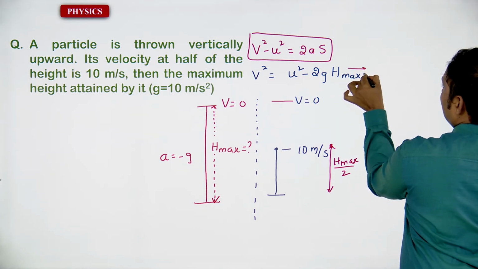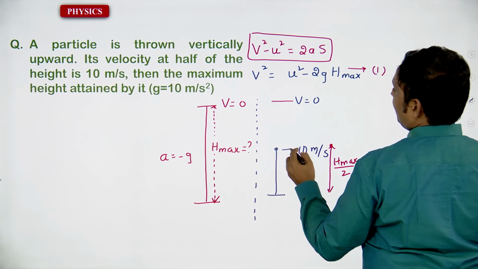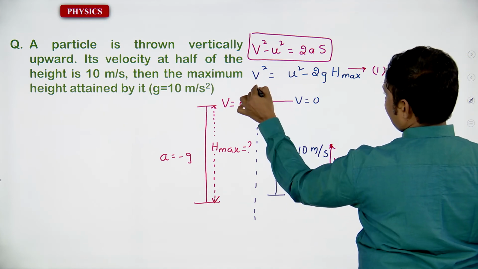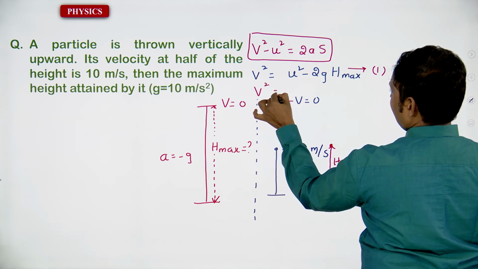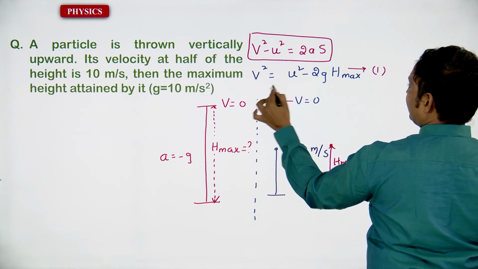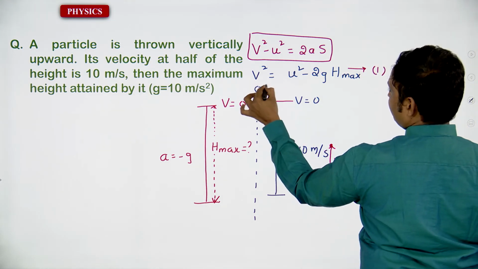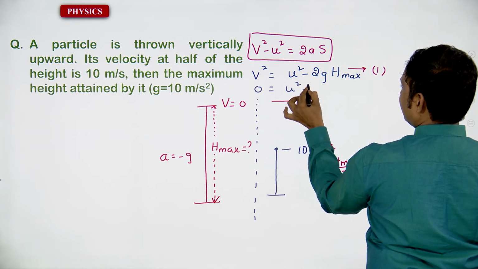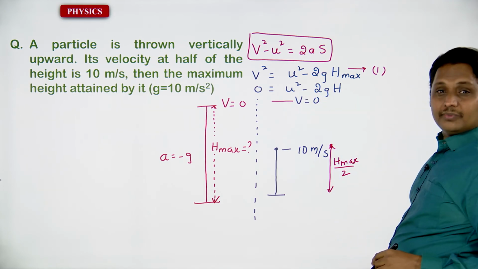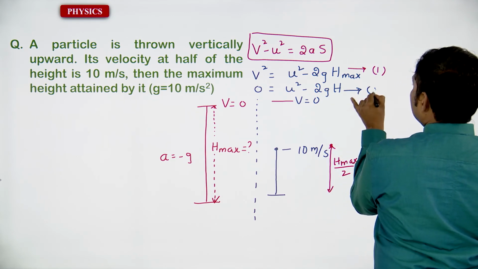Yes. Another equation, if you are going to get this, v square is equal to, very clear. You can take that 0 is equal to u square minus 2gh, let's assume. All right. This is equation number 2.